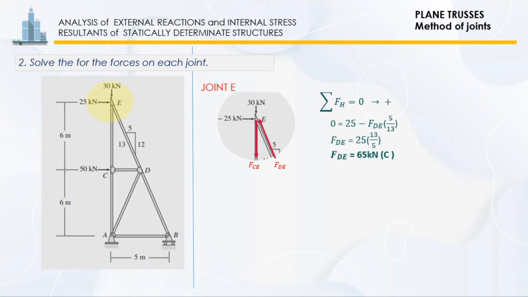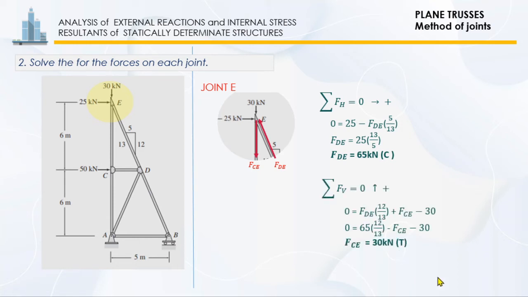So taking summation of forces horizontal is equal to 0, to the right as positive. So we have 0 is equal to 25 minus FDE multiplied by its slope of 5 over 13. So solving FDE, we have 65 kilonewton, which is in compression.